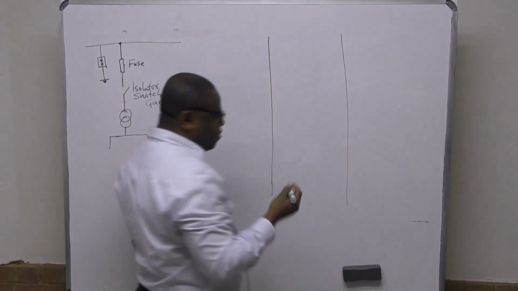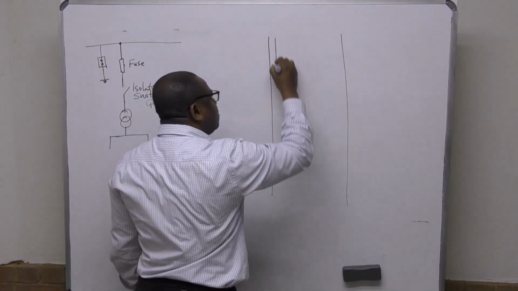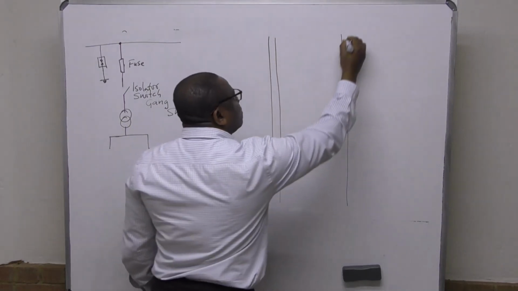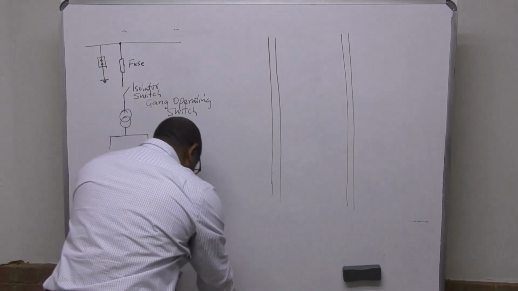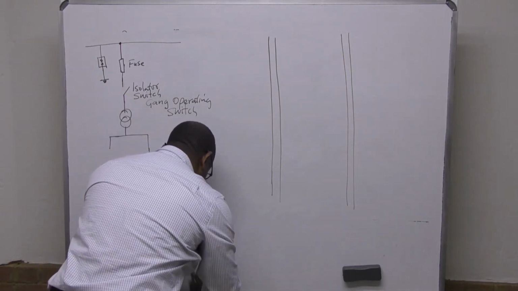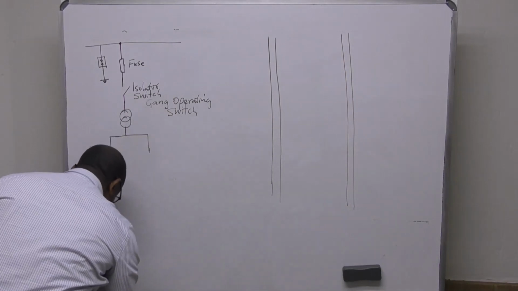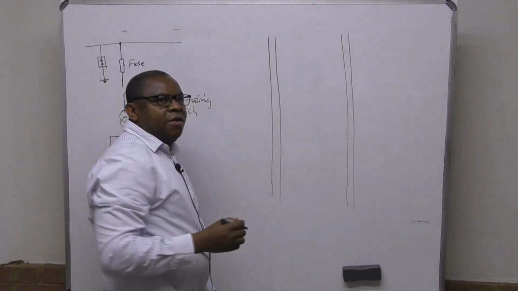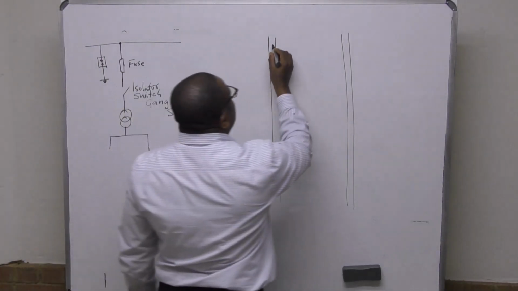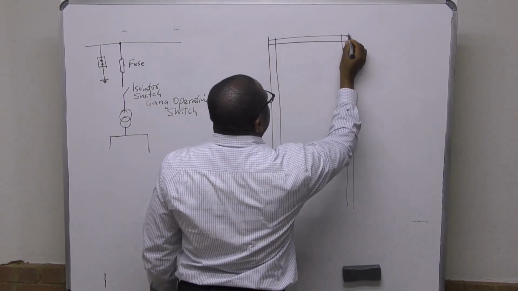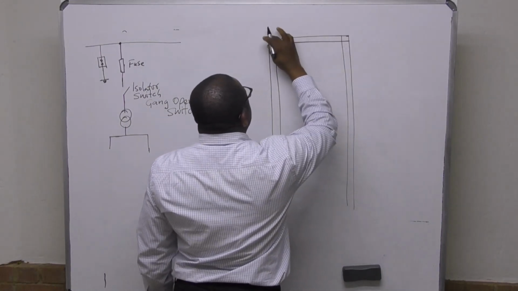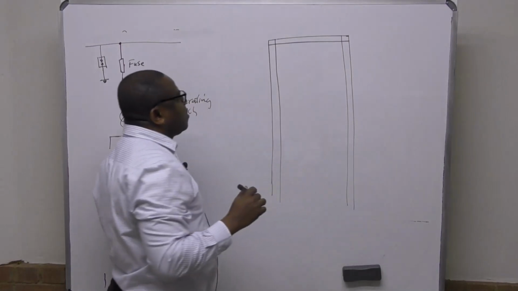This is our H pole. Okay, and that's the support. Okay, like that.